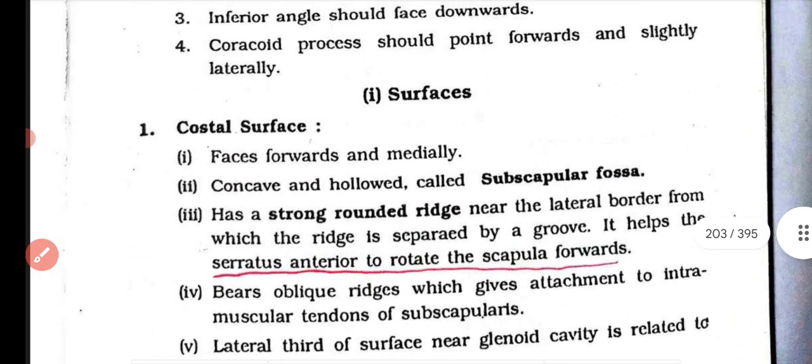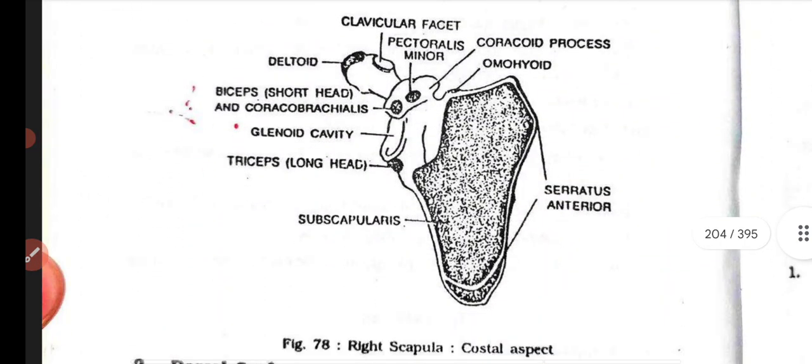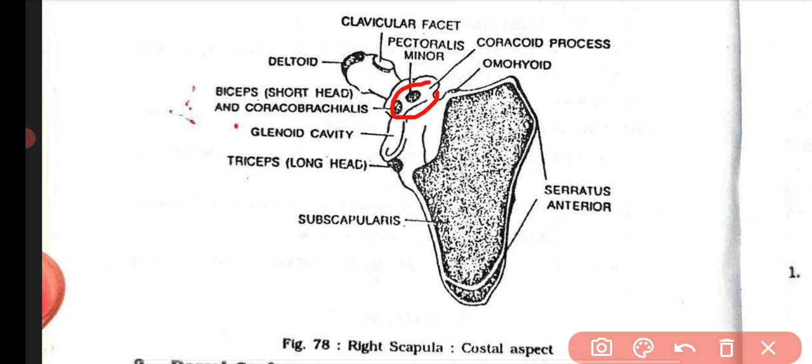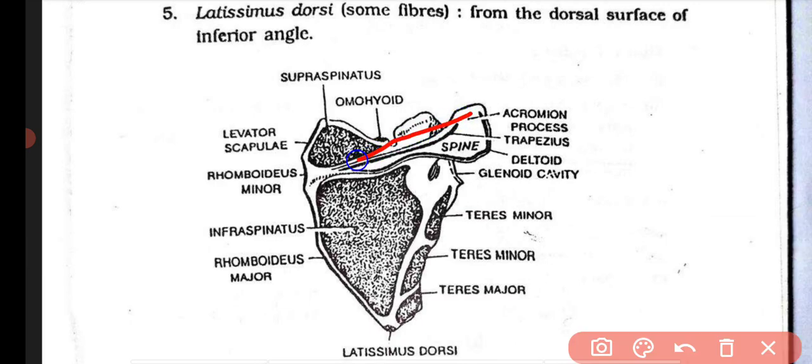We know the coracoid process points forward and slightly laterally. So this one is the coracoid process, this one is the acromion process, and this one is the spinous process or spine. Okay. Now the next point.